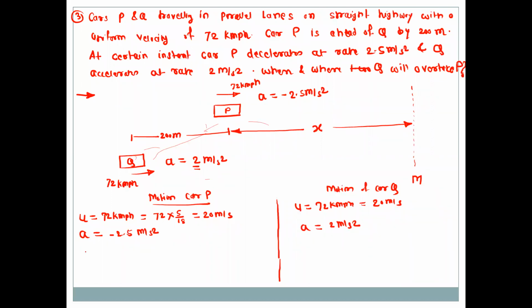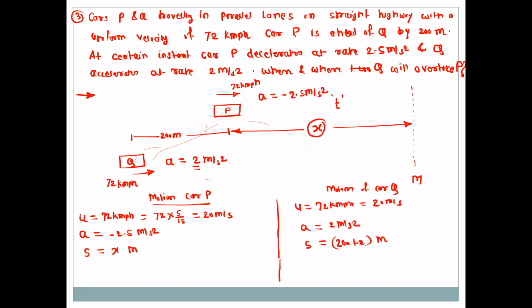Okay, now we have to find out the distance x. So we have to take the displacement. So displacement of the car P will be x meter up to the point M. And displacement for the car Q will be 200 plus x. Now car P will travel this distance x during the time interval of t second.